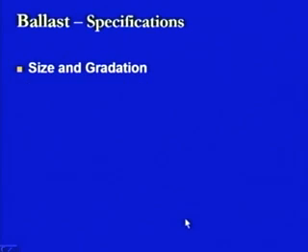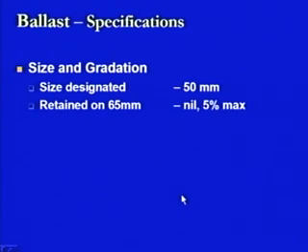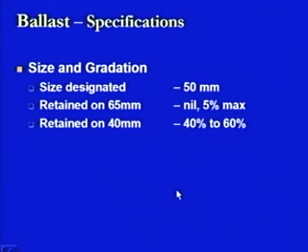Then the next aspect related to ballast is size and gradation. The size is designated as 50 mm for the ballast, and there are three sieves which are used to examine this: 65 mm sieve, 40 mm sieve and 20 mm sieve. In the case of the 65 mm sieve, retained on 65 mm is desired nil, and at the maximum it is 5%.